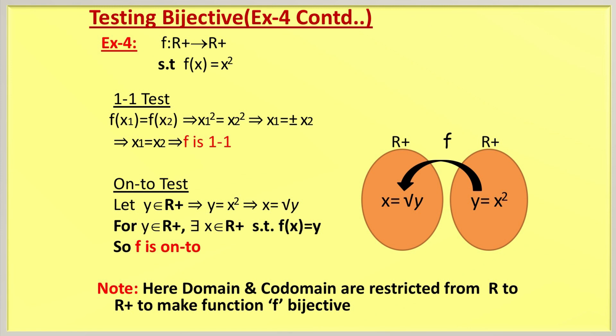Now, here domain and codomain are both the same, the set of positive real numbers, and in domain we have x and in codomain there is x square. So, we have to choose, suppose, an element y belongs to R plus. We have to find one x belongs to R plus, since both domain and codomain are the same, so that f(x) is equal to y.